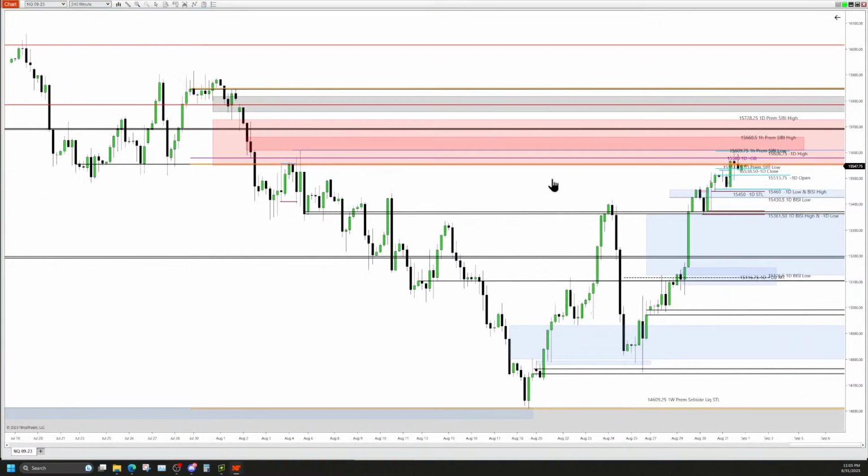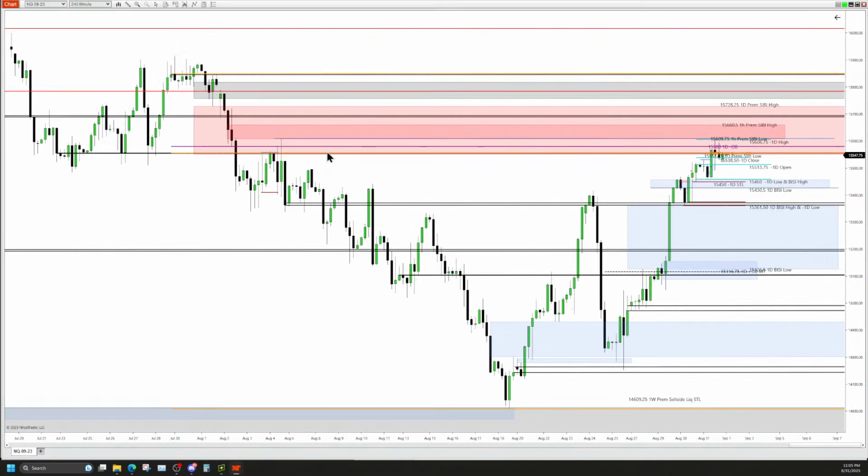All right, so here's a 4 hour chart. You can see that there's another volume imbalance, or actually a liquidity gap in the 4 hour here.